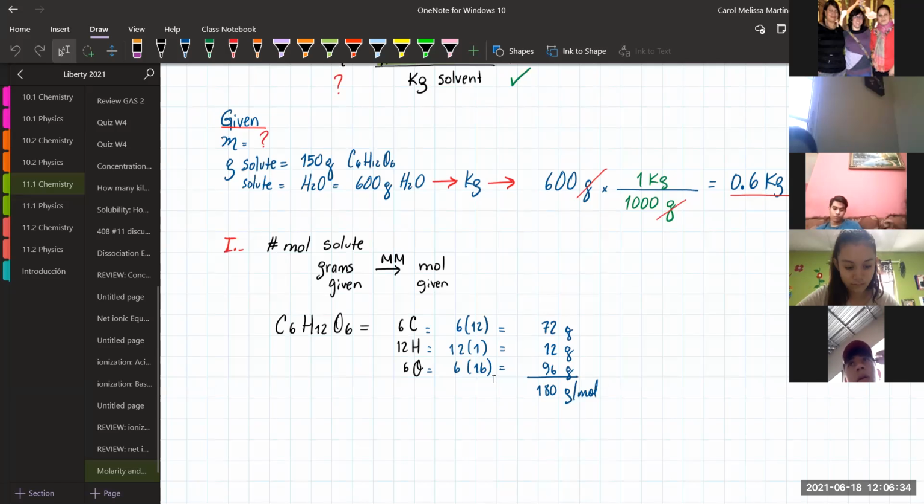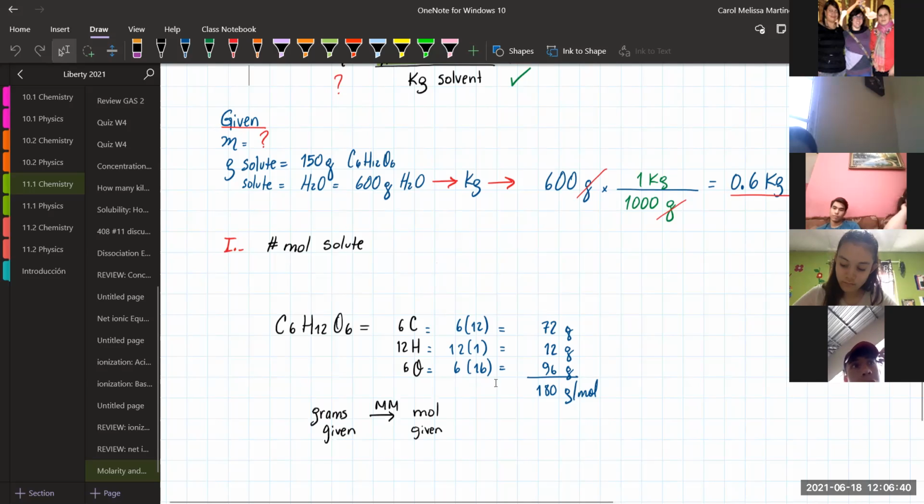Once I have the molar mass, I can perform the conversion. Okay? So this will be 150 grams C6H12O6 times the molar mass as a conversion factor.